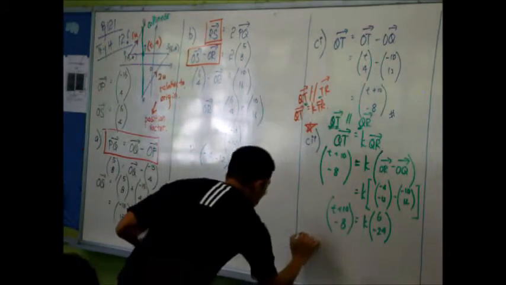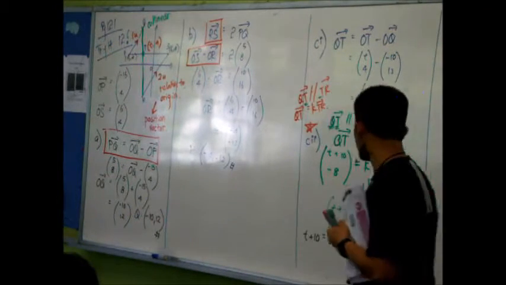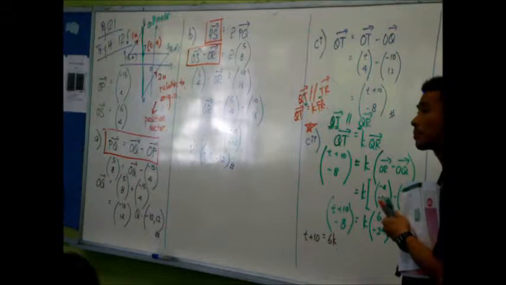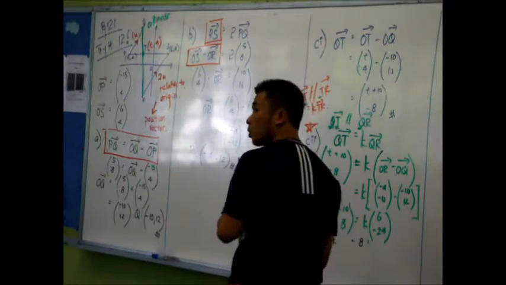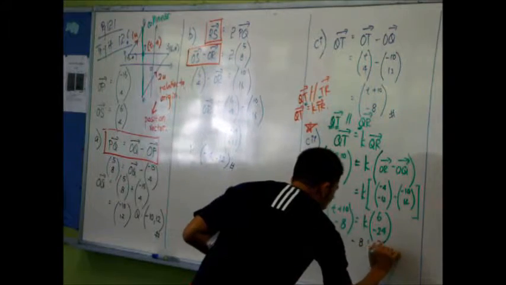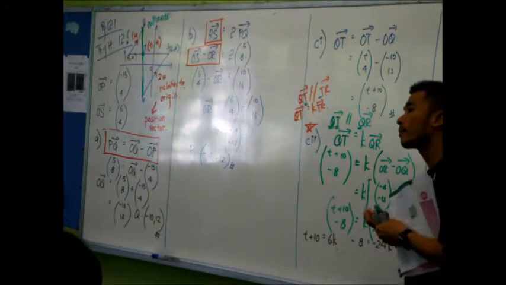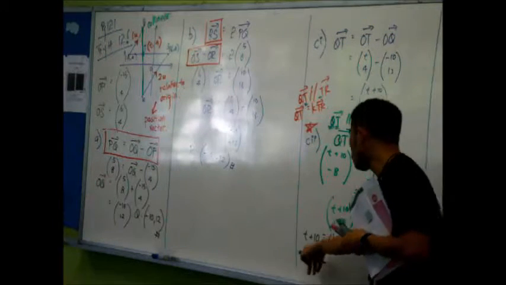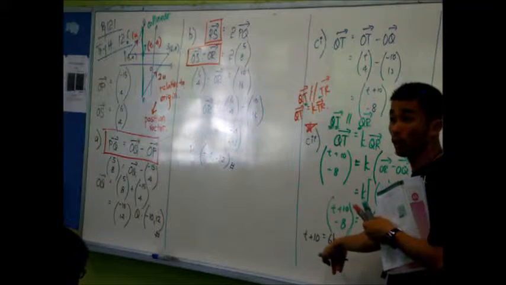P plus 10 equal 6K, yeah? What else? Negative 8 is equal to negative 24K. Do you solve the left side or the right side first? Left side got 2 unknowns, no? Solve the right side first because left side has 2 unknowns.